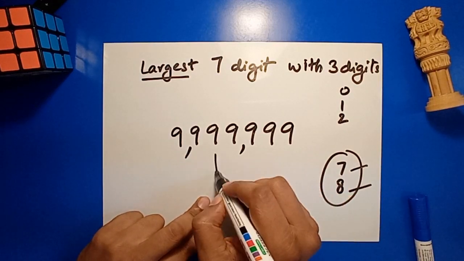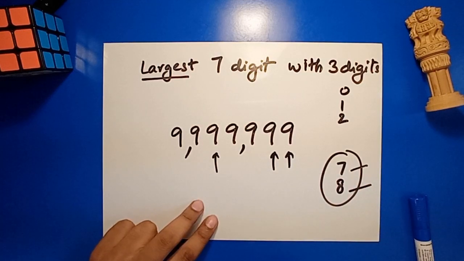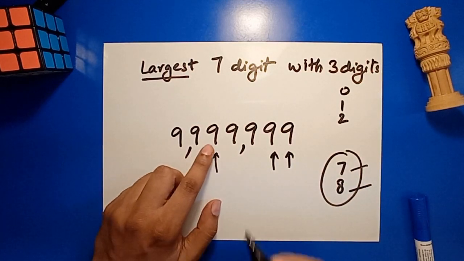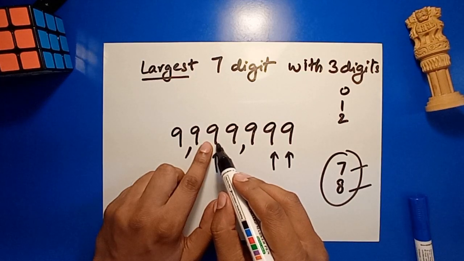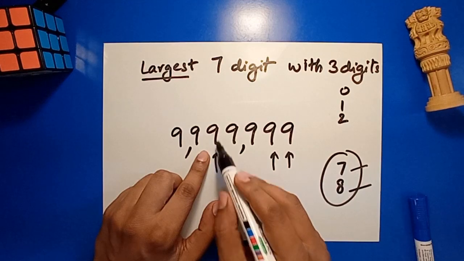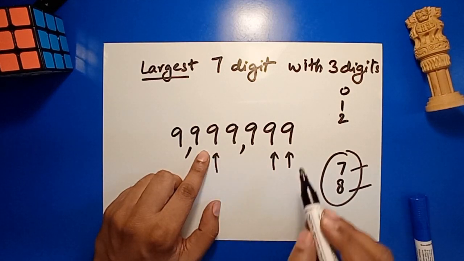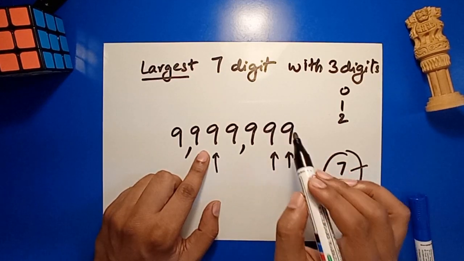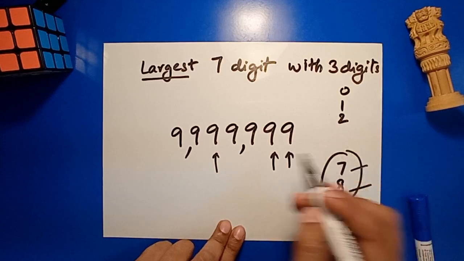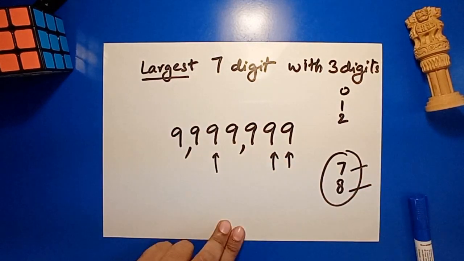Should I use them here, or here? If I use 8 or 7 here, its place value will definitely be less than the place value for 9, right? So I need to make sure that I am using them somewhere in the ones place or tens place, so that the reduction is least, because I want to find the largest number.